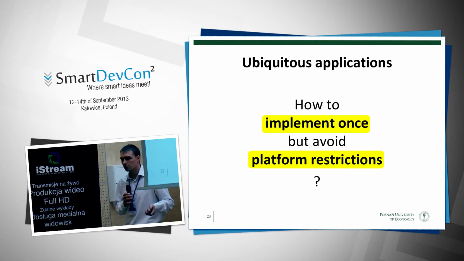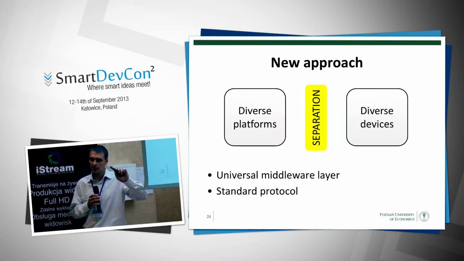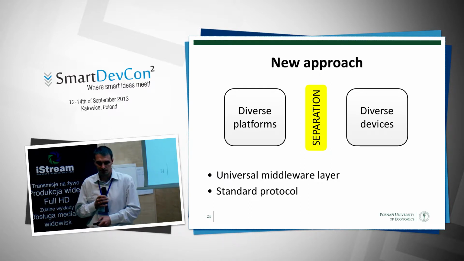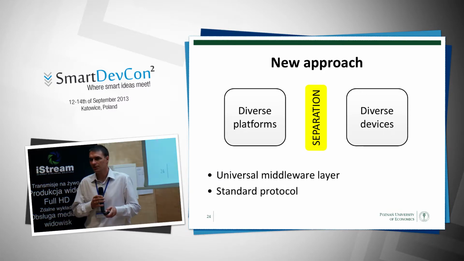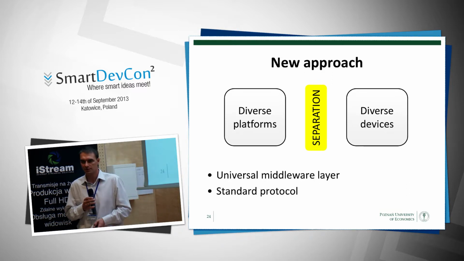And the way to do it, to have those diverse platforms separated from diverse devices, is not very hard. Actually, this problem has been known in distributed systems for years.